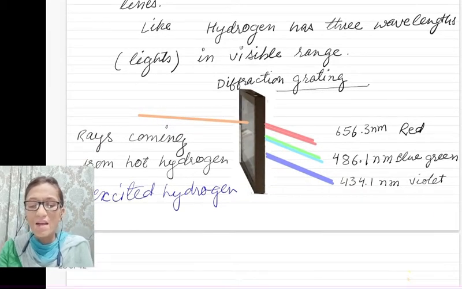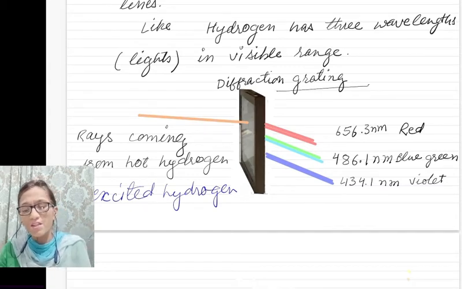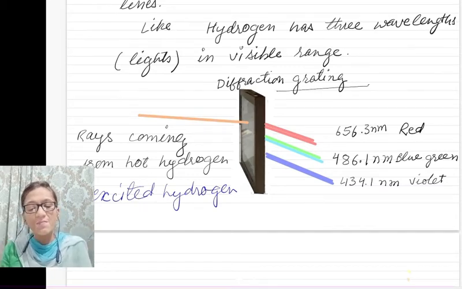You have one or two more spectral lines in the hydrogen atom. They are discrete, separated from each other.